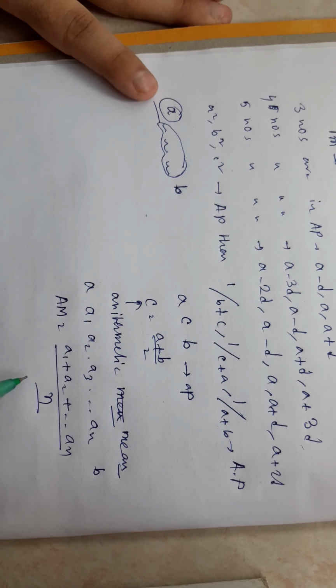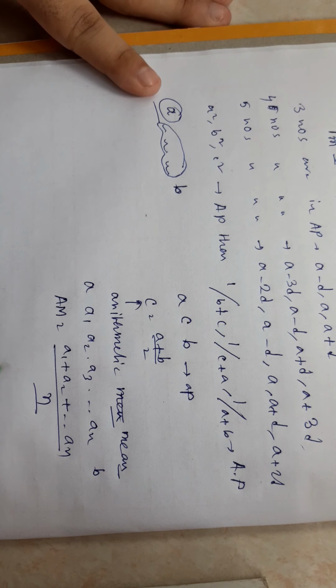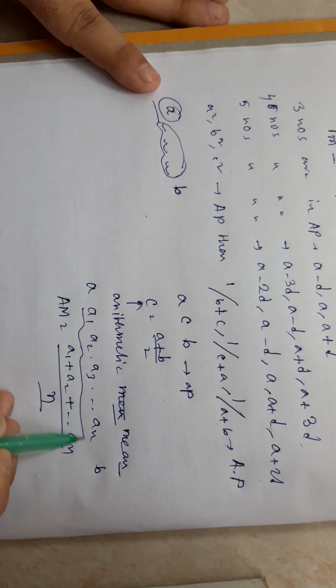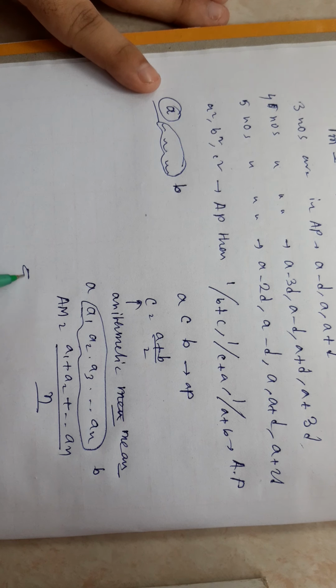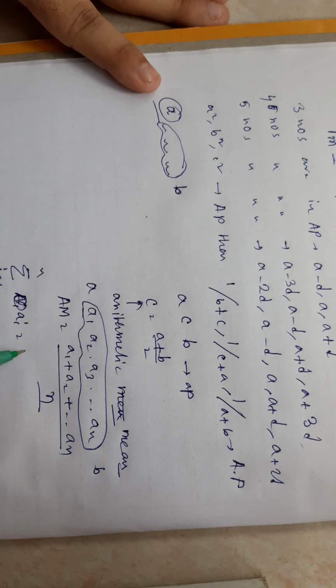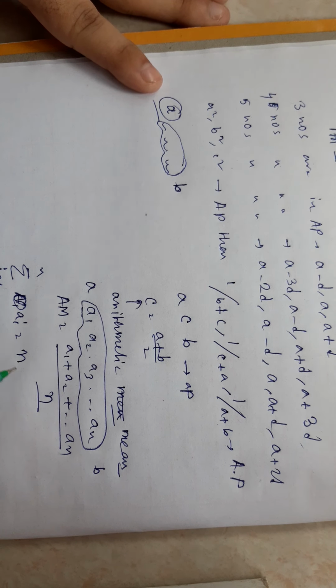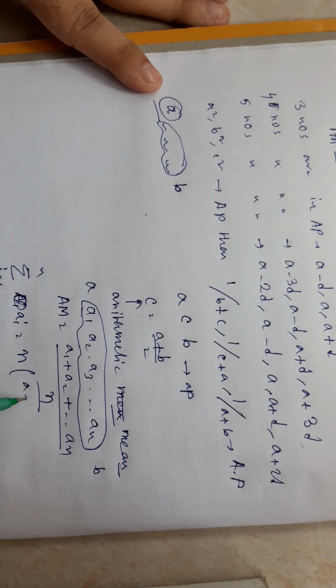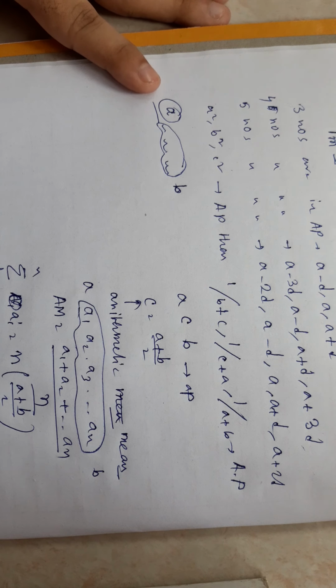And the sum of these n arithmetic means, the sum of ai for i equal to 1 to n, will be n times, where n is the number of arithmetic means, into (a plus b) by 2, that is the particular arithmetic mean c.